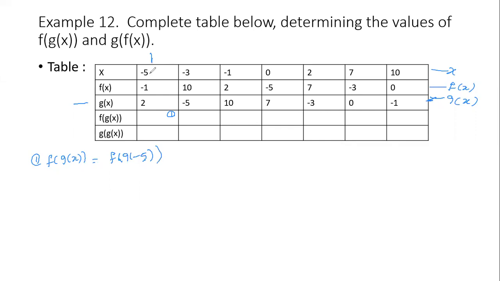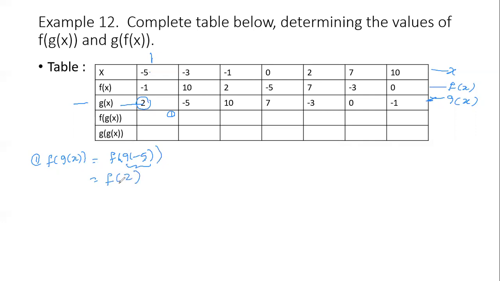So g of -5, you see from the table, is number 2. Therefore, we can substitute 2 for g of -5, and we get f of 2.